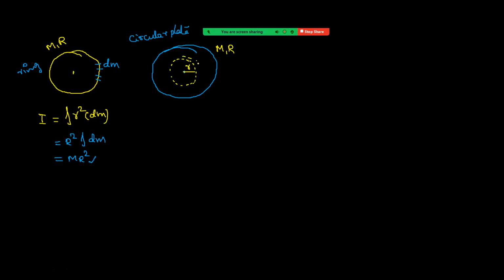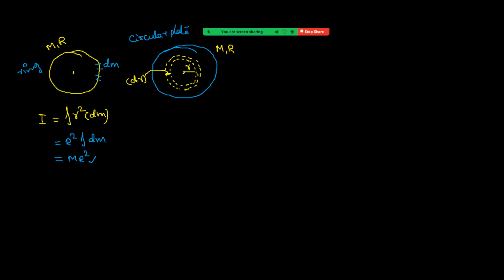So we have taken one ring of radius small r and its width equal to dr. So this width is dr. For this ring, see what is the moment of inertia about its own axis.